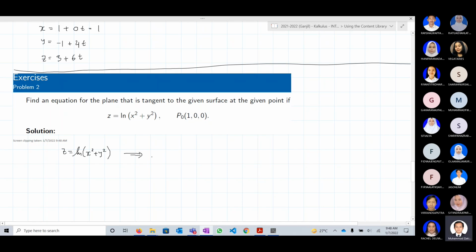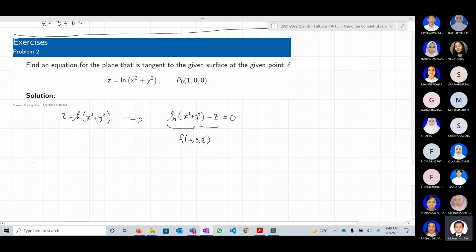Then we can make the equation become ln of (x squared plus y squared) minus z equals 0, and this is f of x, y, z.